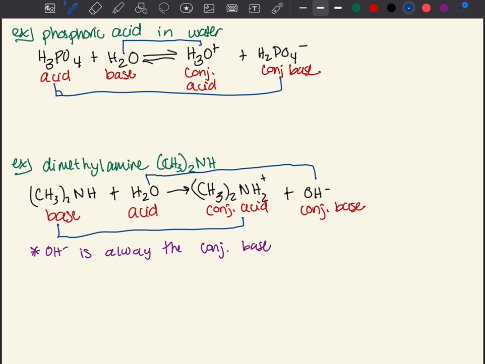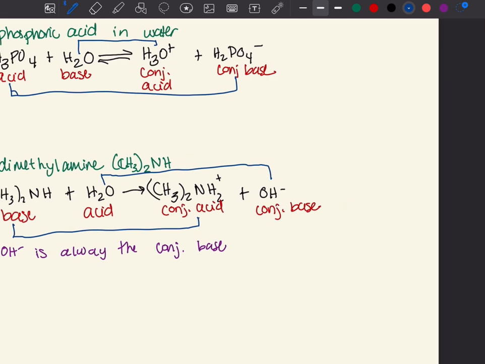Let's look at one more example. So we can look at hydrosulfuric acid and ammonia.